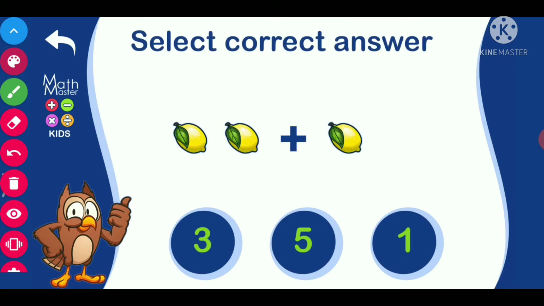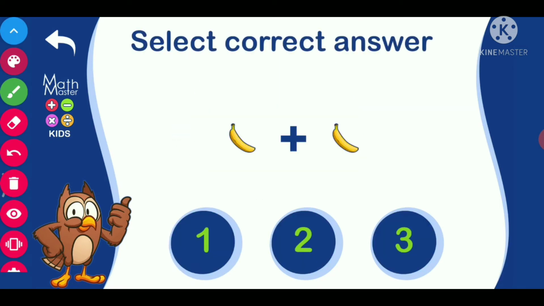Very good. So now see the next one. Here some lemons are given, right? So here also we'll count these lemons. So how many lemons are there? 3. Very good. One more we will do. So here you can see bananas are given, right?